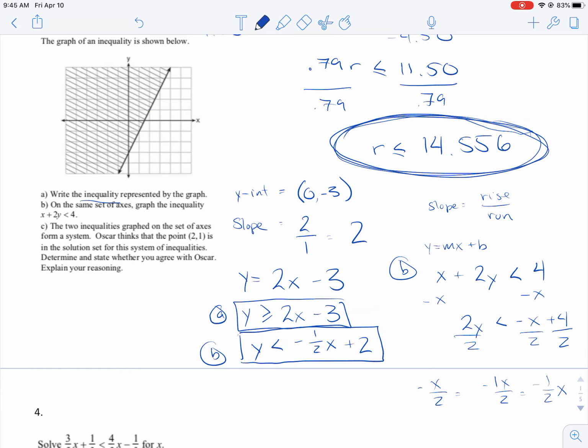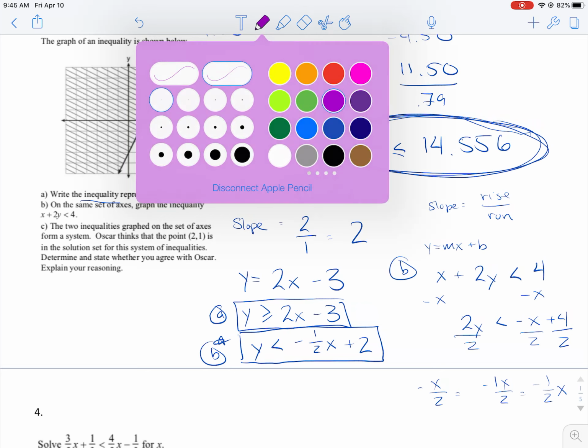Don't forget that negative x over 2 is just equal to negative 1x over 2, which is just equal to negative 1/2 x. You can move that fraction in and out of your slope there in the front. Now, the two inequalities graphed on the set of axes form a system.